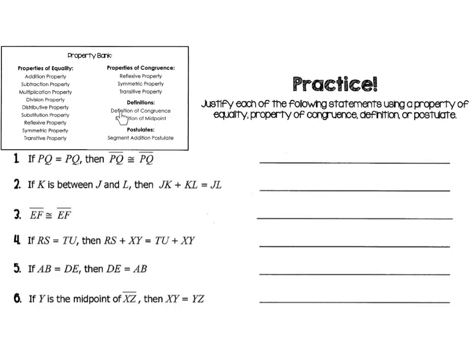This would be definition of congruence because we're going from measures are equal to segments congruent. So be careful with that one. This would be definition of congruence. And this is a way you can abbreviate definition of congruence that I will accept: def. of, and then instead of saying congruence, you can write the congruent symbol.